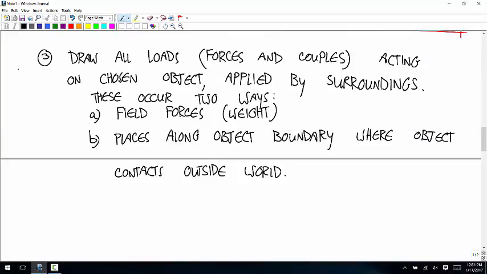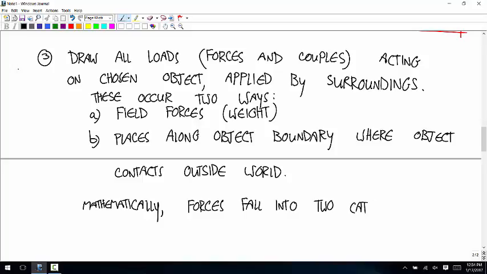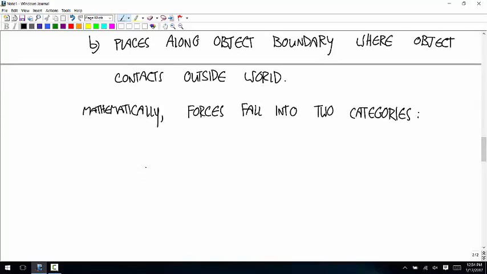Mathematically, forces fall into two categories: forces with unknown directions and forces with known directions.